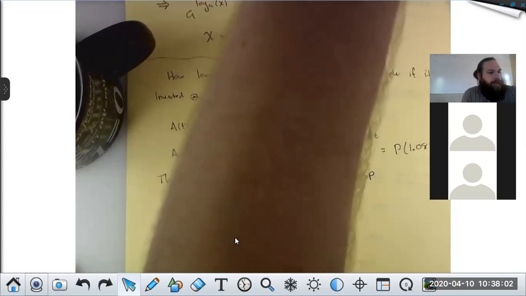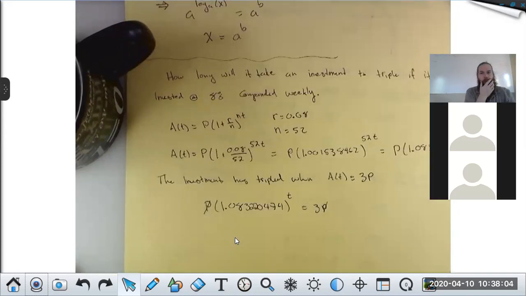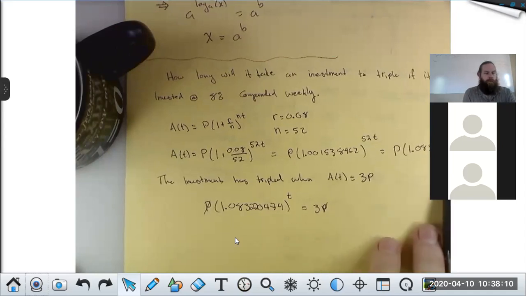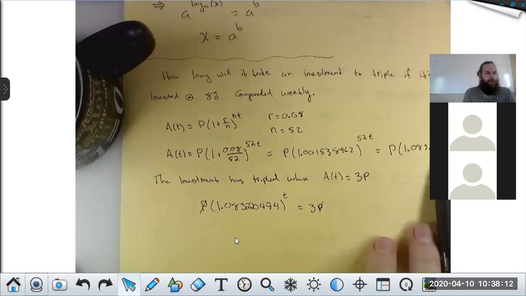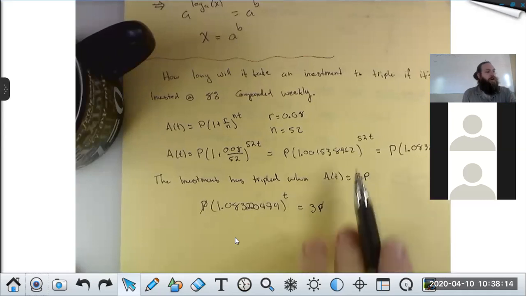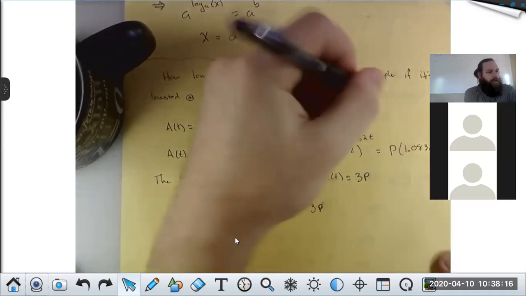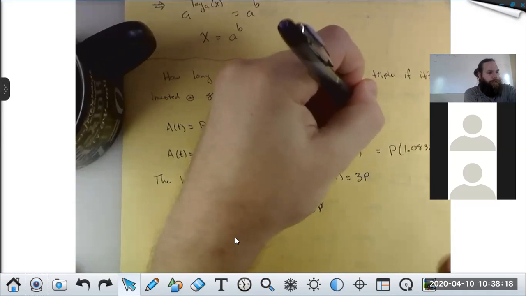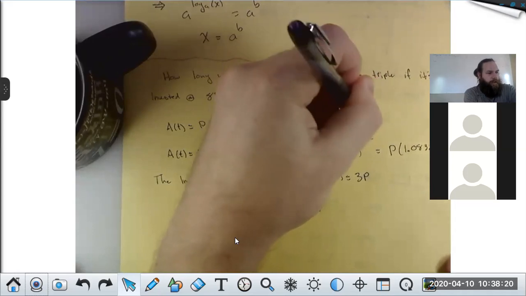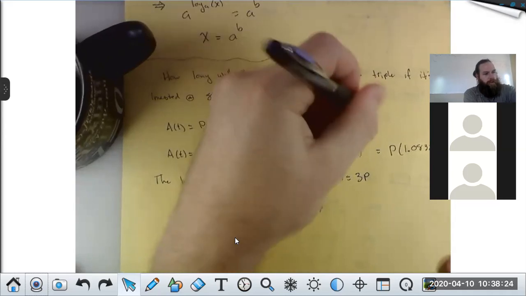Mr. File Sticker, I can't see, on the far right, right above, the investment has tripled when A of t equals 3P. And I can't see why the 52 is gone now. So I used this rule, right? A to the b, here, I'll write it in the direction we used it.